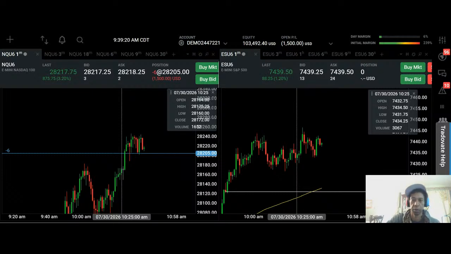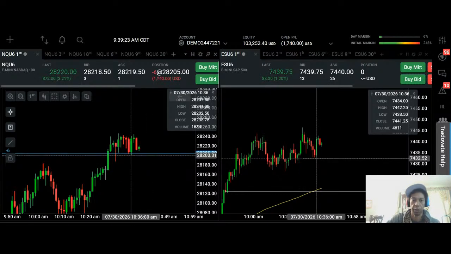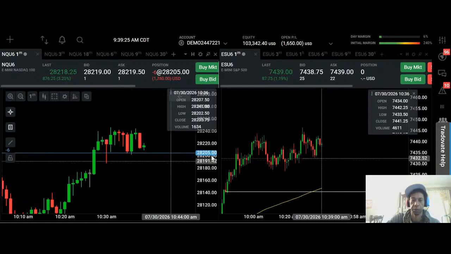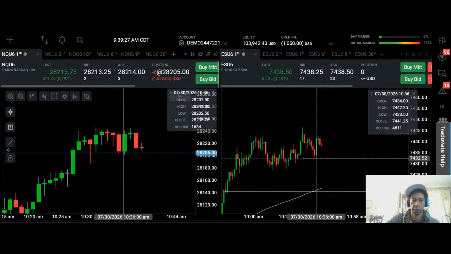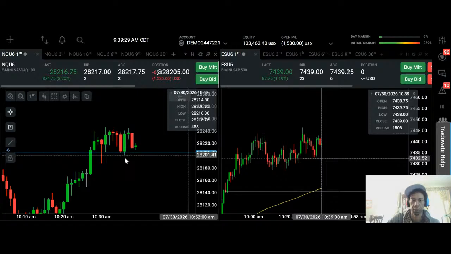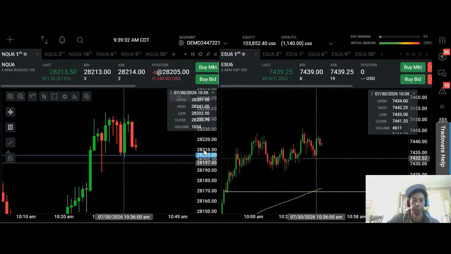Bro, they're not giving me a change in the state yet. This low right here is now my change in the state. It's the 10:36 candle. I will take a sell if they give it to me.